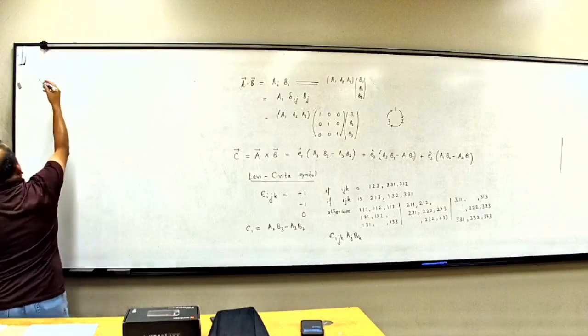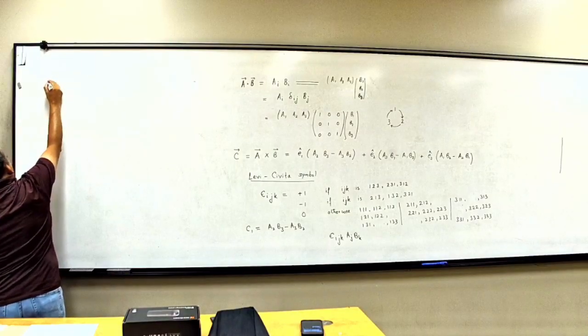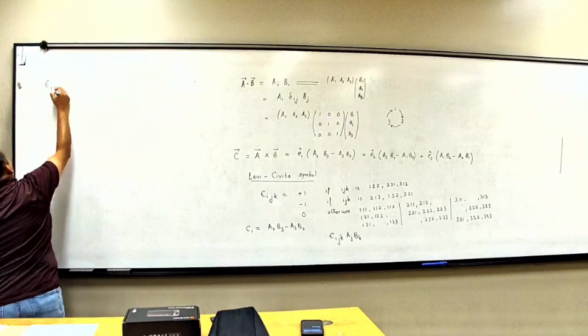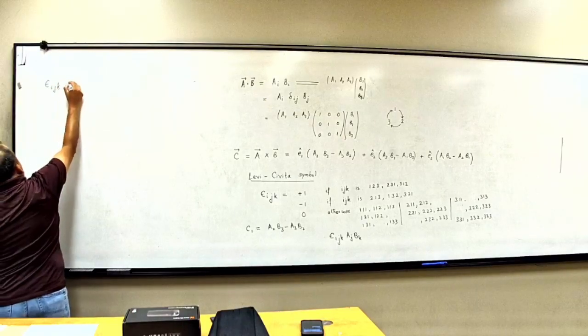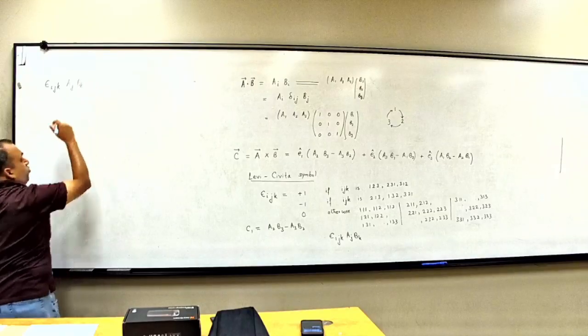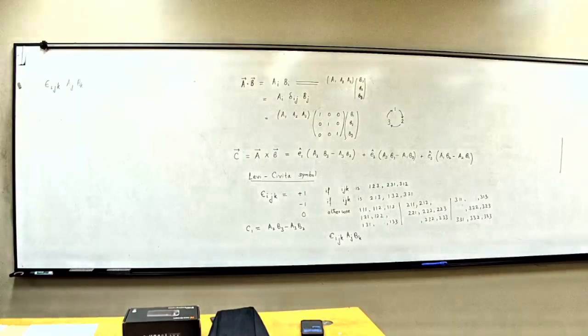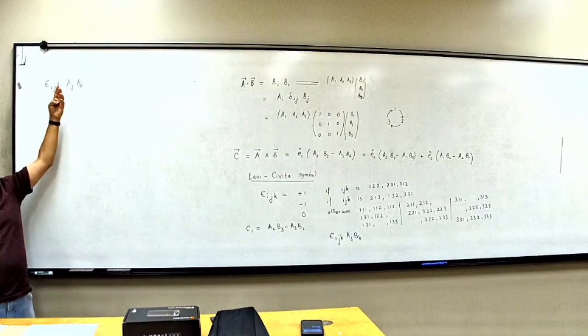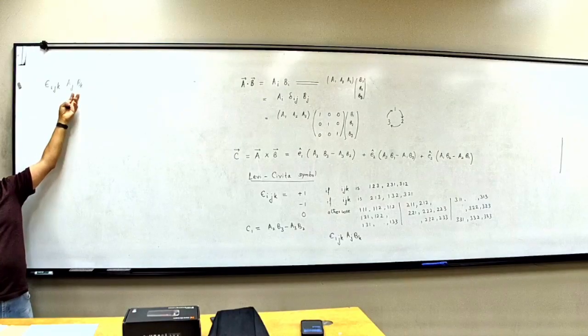So randomly I'm writing an expression. This is epsilon ijk Aj Bk. The claim is that this will be the cross product. Is this a vector or a tensor, or if it is a tensor, of what rank?